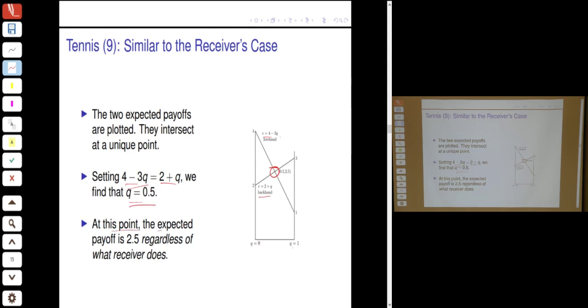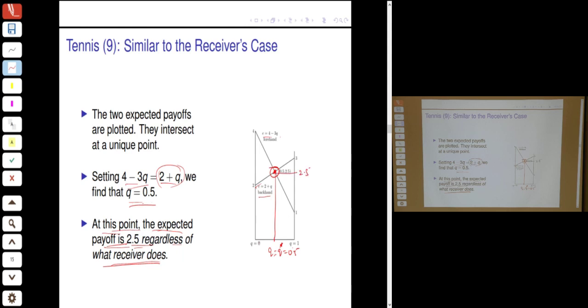At this point, the payoff for the server is going to be 2.5, and the expected payoff for the server is 2.5 regardless of what the receiver does, right? Because if the receiver chooses backhand, even then for q equal to q star equal to 0.5, the expected payoff is 2.5.